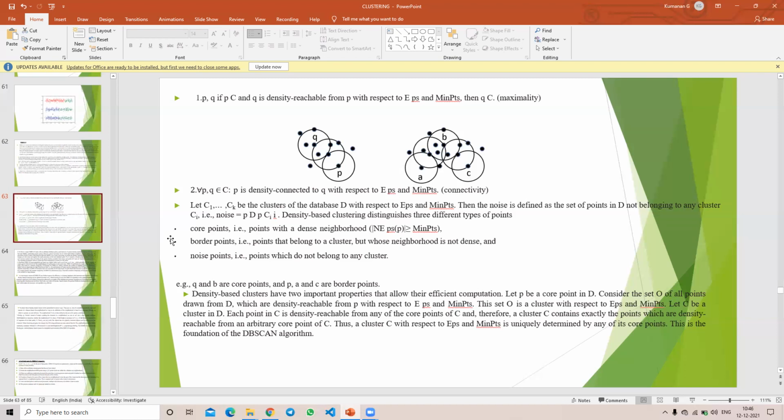Let C be a cluster in D. Each point in C is density reachable from any of the core points of C, and therefore a cluster C contains exactly the points which are density reachable from any arbitrary core point of C. Thus, a cluster C with respect to EPS and minimum points is uniquely determined by any of its core points. This is the foundation of the DBSCAN algorithm.